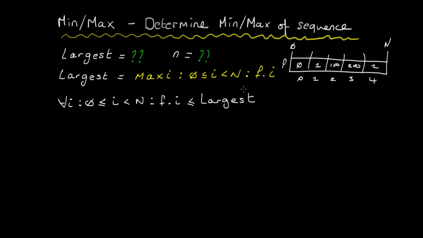At the beginning we're going to assume that the first value in the array is the largest. Plainly this is not the case in our example here, but it's worth assuming at the beginning that this is the largest value in the array.